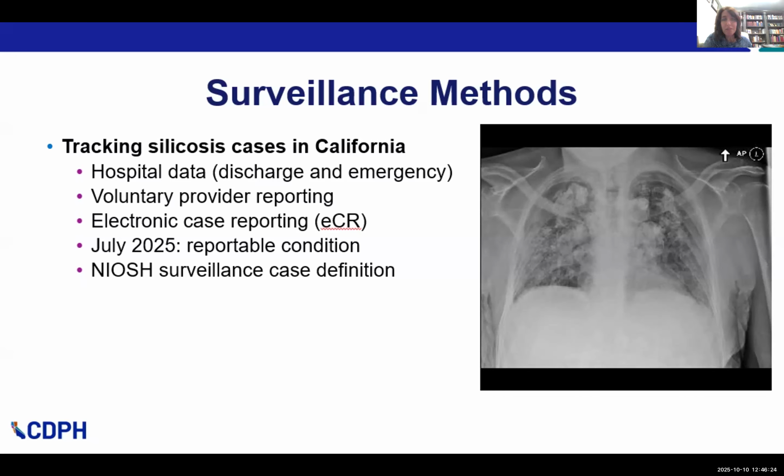Typically, it's a lot of infectious diseases, things like anthrax and botulism. So getting silicosis on that list really reflected the concern that the state has about this problem. We use the NIOSH surveillance case definition, which means that it requires occupational exposure to silica and either radiologic or pathologic findings of silicosis.